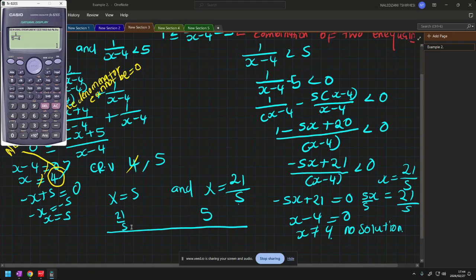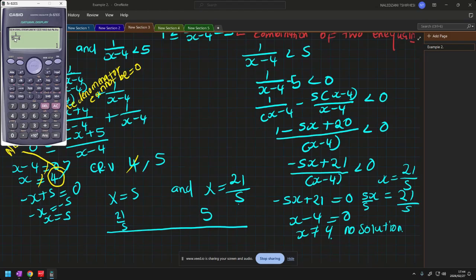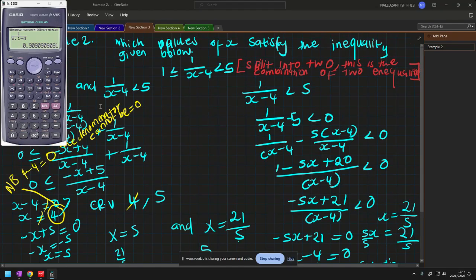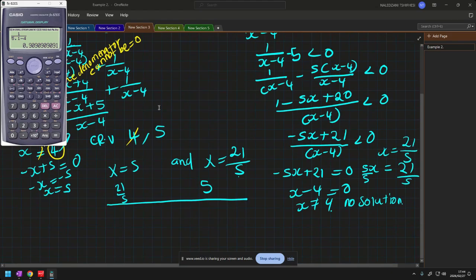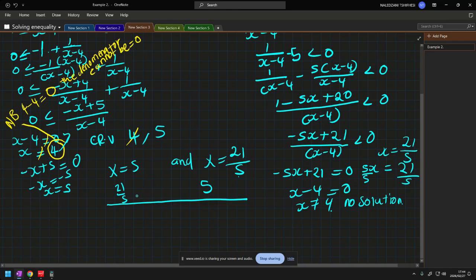Right. So that means it's between these two, right? Let's come back and put 5.1. Now it passes, right? So now it is true. It has to be between these points, and 5 must actually be included.